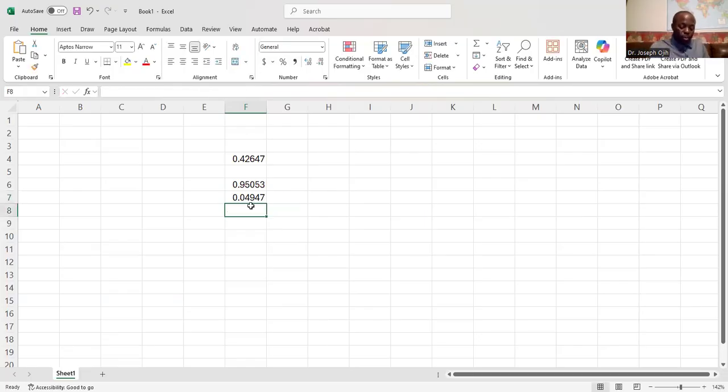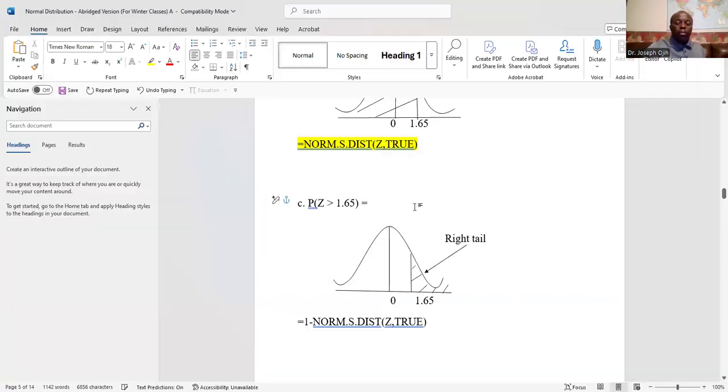Write this down: 0.0495. And that's how you get it.